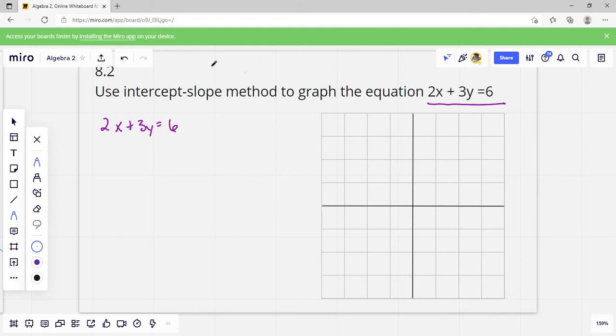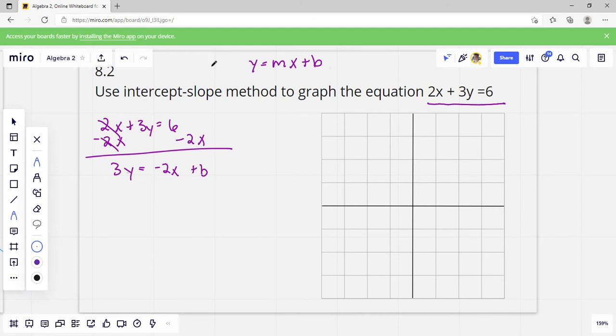And slope-intercept form is y equals mx plus b, right? So I need my y term to be first. So I need to get this onto the other side of the equation. So I'm going to subtract my 2x from both sides. And I'm going to get 3y equals negative 2x plus b. Now, I'm almost there.